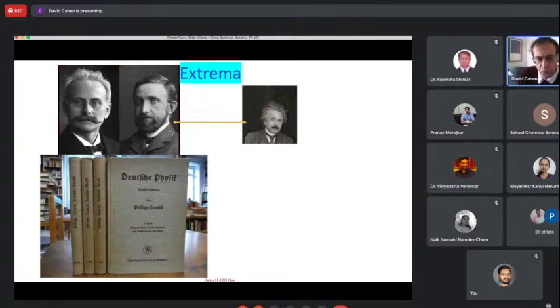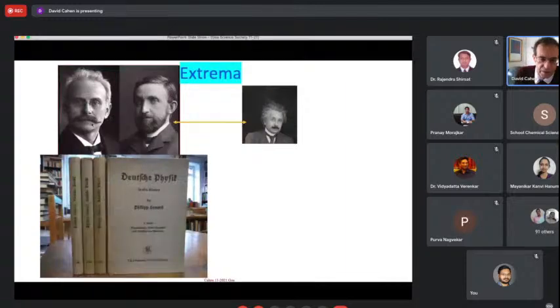There was admiration from the side of Stark for the young Einstein, because he invited Einstein very early on to write a big article for an encyclopedia of physics on relativity. But these two became fervent Nazis.